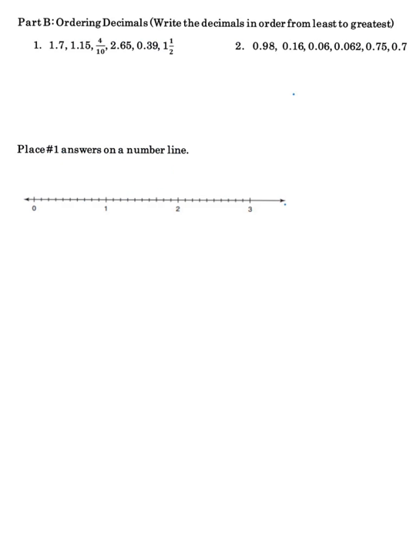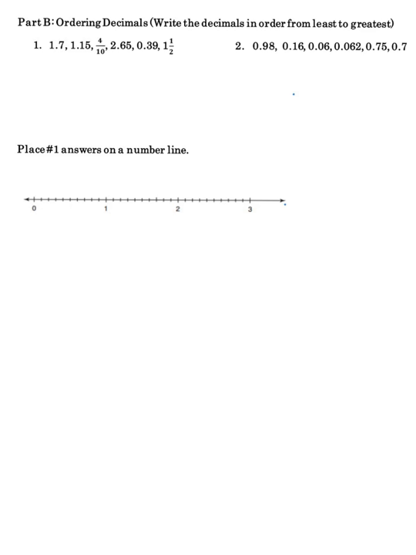In Part B, we're ordering decimals, writing them in order from least to greatest. In number 1, we're given a mixture of fractions and decimals. When you're given different representations of a number, you can choose to rewrite all fractions as decimals or all decimals as fractions. You could even use percents if you'd like to compare.